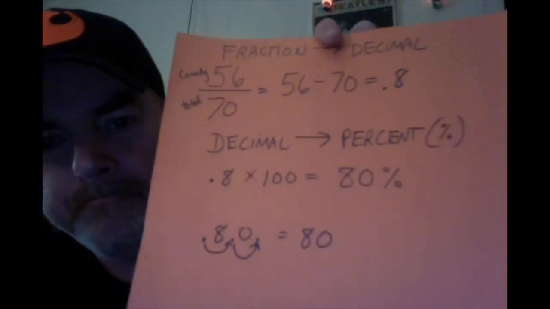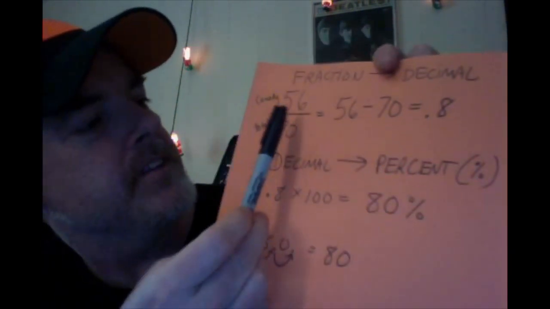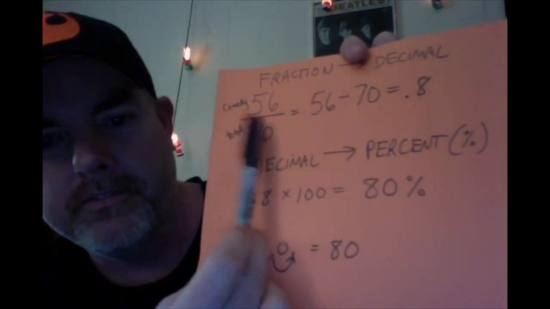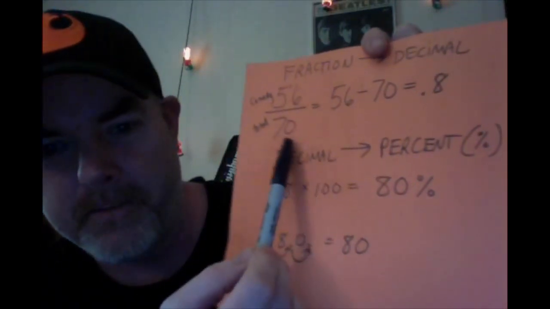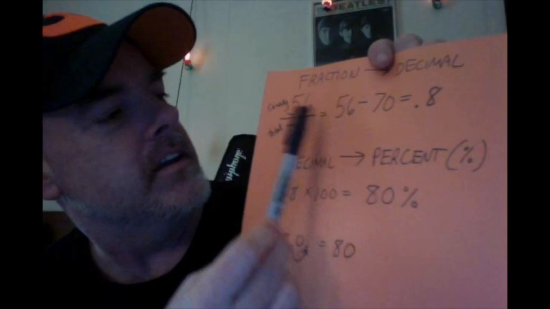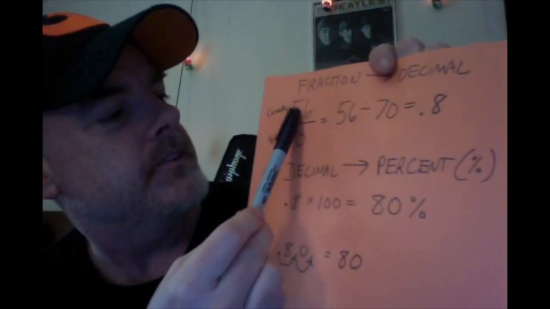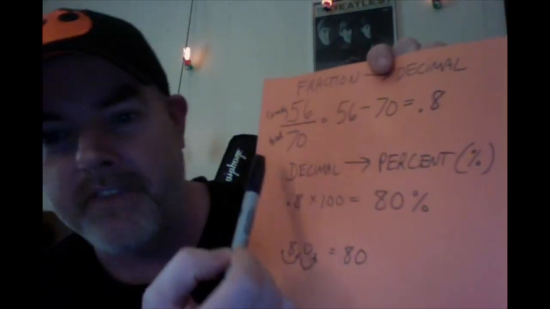So how do we figure out, when we don't have a program, what the percentage is for each question, or each response? So what I did was I took that first question I asked, to pick your favorite genres, and I made the responses into a fraction. So we have 56 people chose comedy as one of their favorites over the total of 70 people surveyed. So then, when you have a fraction, 56 over 70, this line means divide.